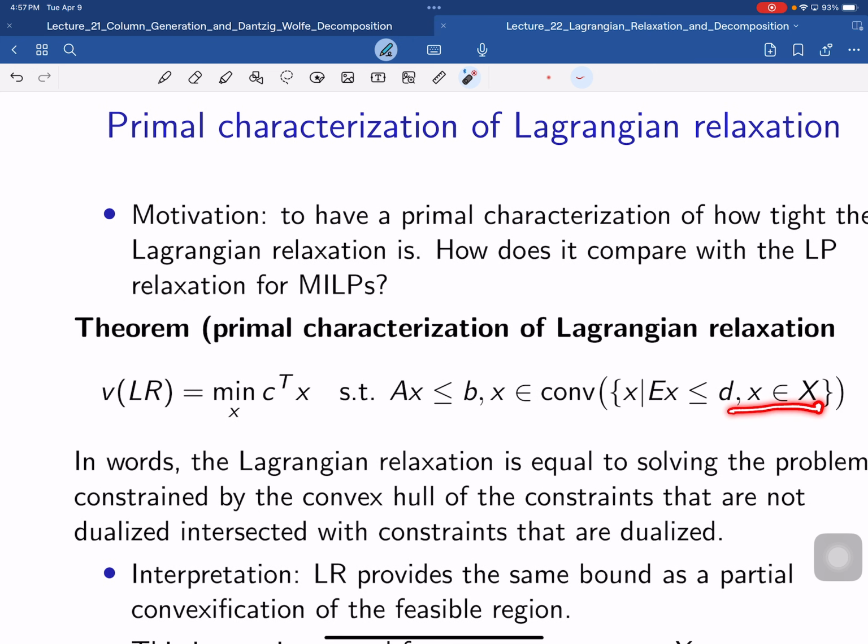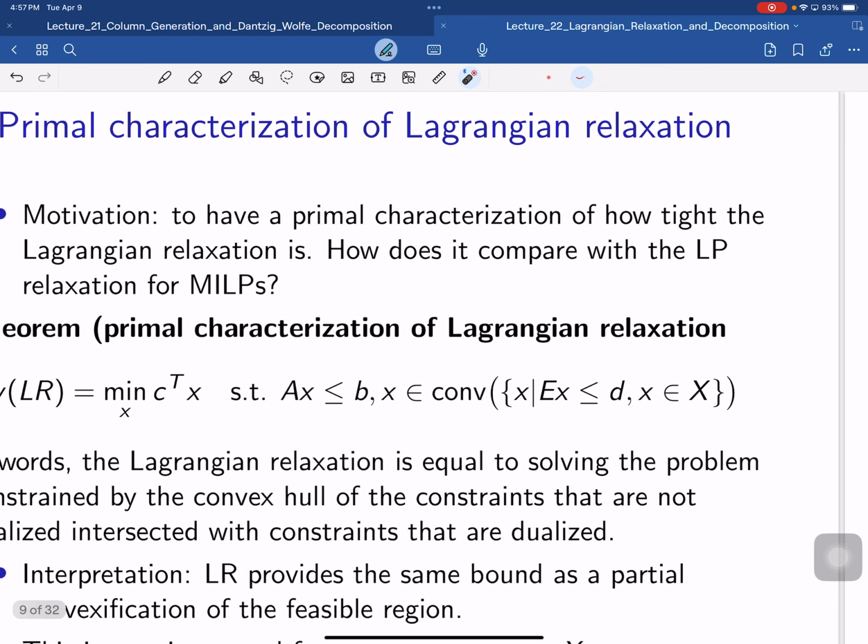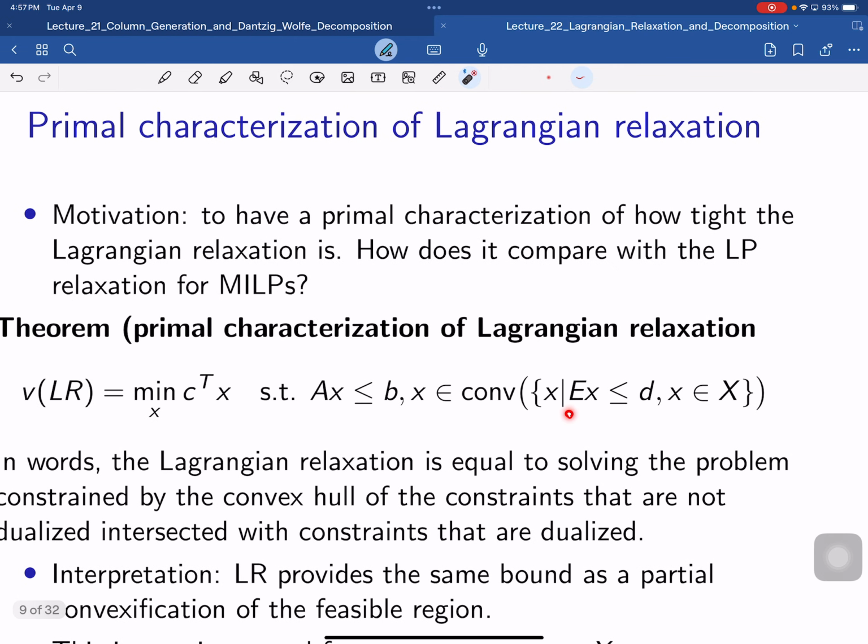So this is saying that I'm giving you the convex hull of the set that involves the non-complicating inequality constraints and the integer constraints. Essentially, it is taking the convex hull of the constraints that you did not dualize during Lagrangian relaxation.